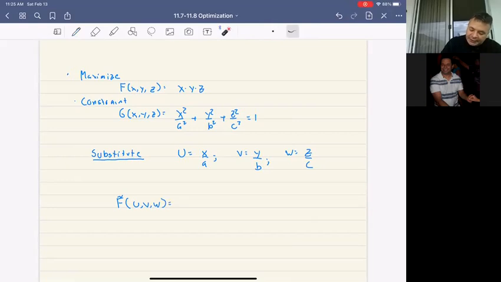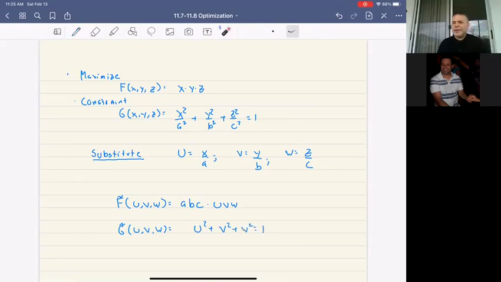So now x is a times u, y is b times v, z is c times w. So we're going to get abc times u, v, w. And our g tilde is going to be u squared plus v squared plus w squared equals 1.